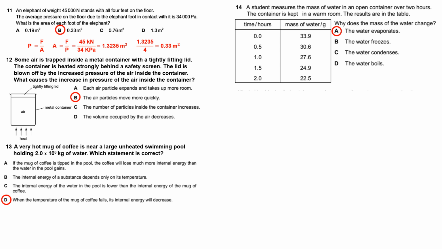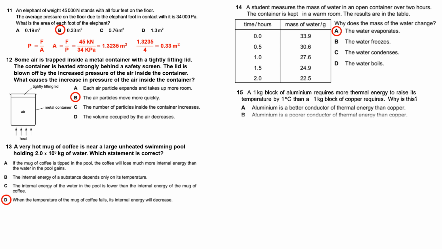Question 15. A 1 kilogram block of aluminum requires more thermal energy to raise its temperature by 1 Celsius degree than a 1 kilogram block of copper requires. Why is this?